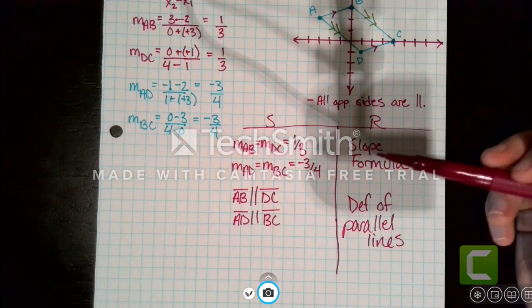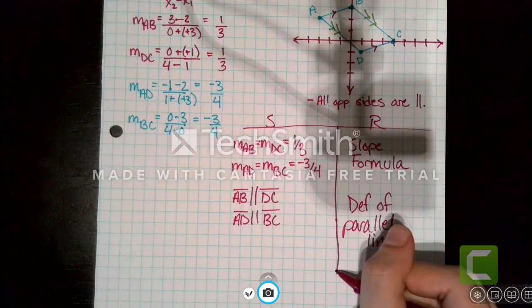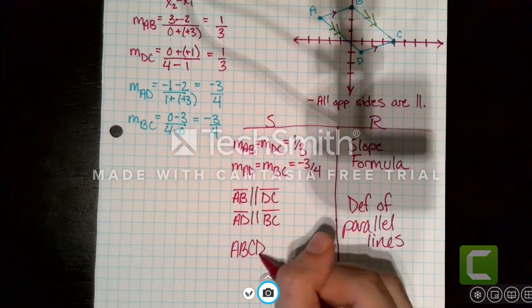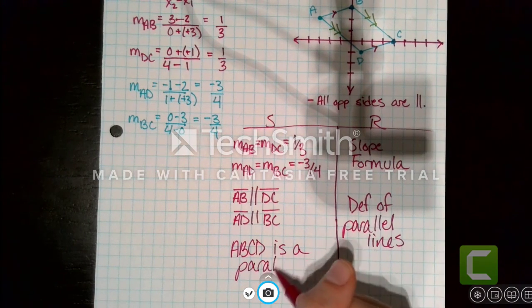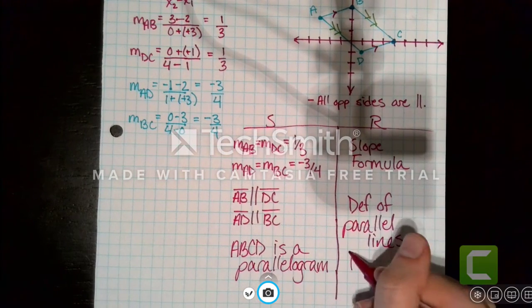And finally, since we proved that we had two sets of parallel sides, you're going to end your proof by saying A, B, C, D is a parallelogram by the definition of a parallelogram.